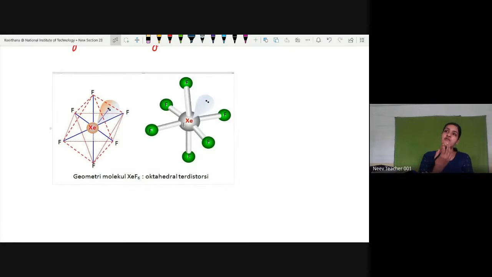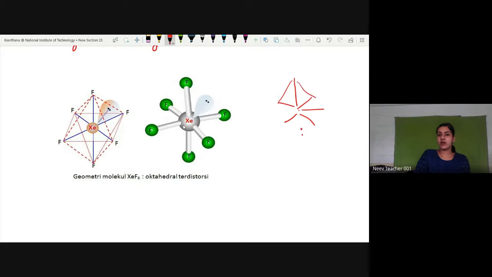If we are following VSEPR, we can say pentagonal pyramidal, with 1 lone pair here. But the actual shape is not pentagonal pyramidal.